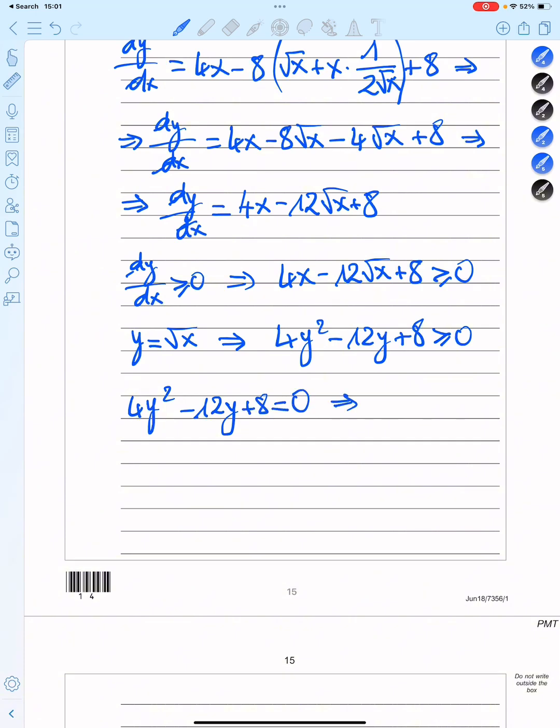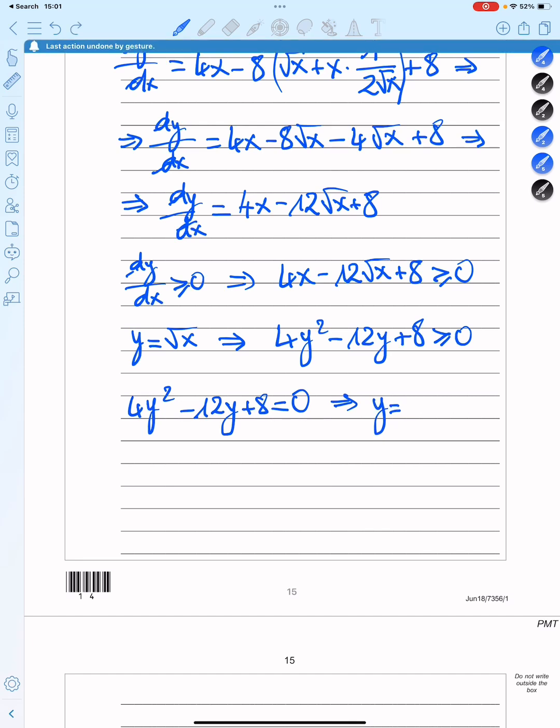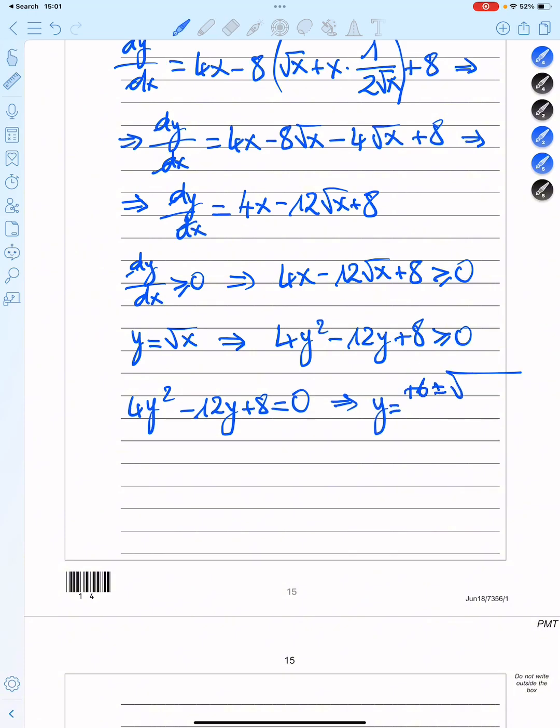So this implies that y equals minus b half, so plus 6, plus or minus square root of b half squared, so 36, minus ac, a is 4, c is 8, so 32, over a, which is 4.